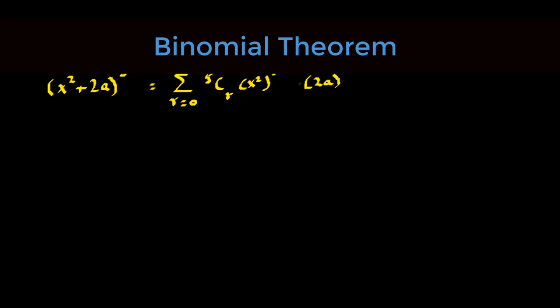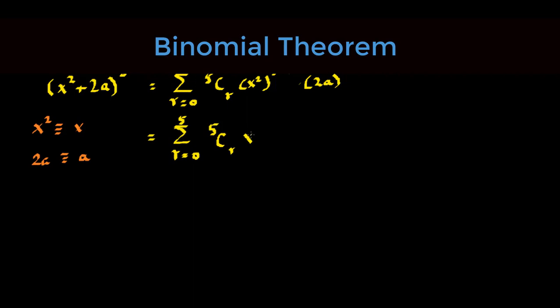So what we've done here is considering x squared is equivalent to x and 2a is equivalent to a. Okay, so let us expand this. So what we should get is, let me rewrite it before opening up the summation. Now r goes from 0 to 5.